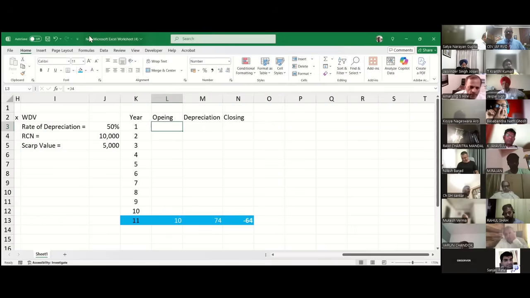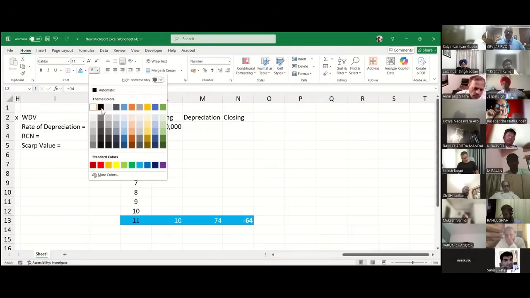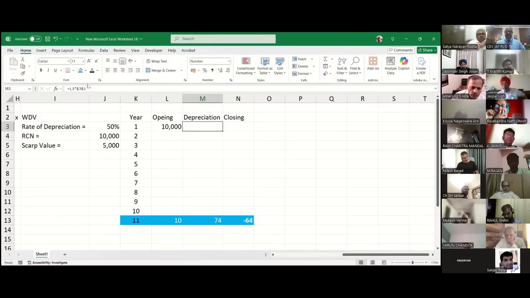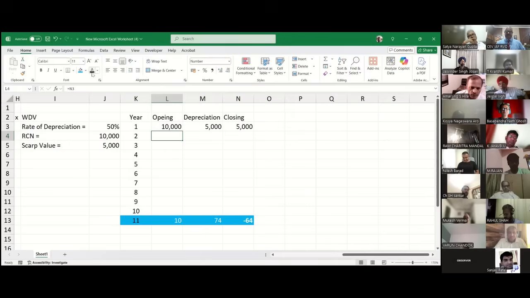RCN same, sir. Opening balance 10,000. 15%. Okay. What will the depreciation be? 5,000. What will the closing be? 5,000. Second year opening 5,000.